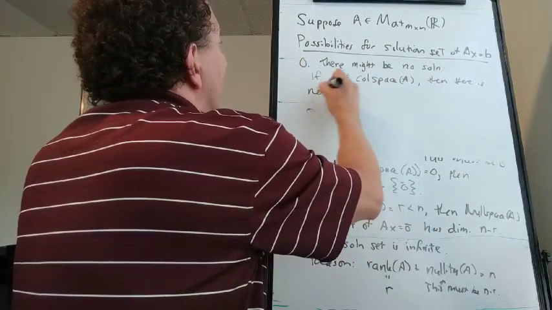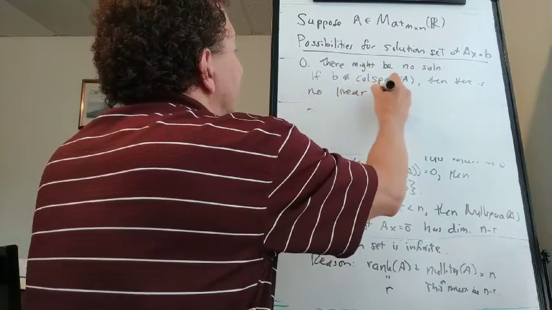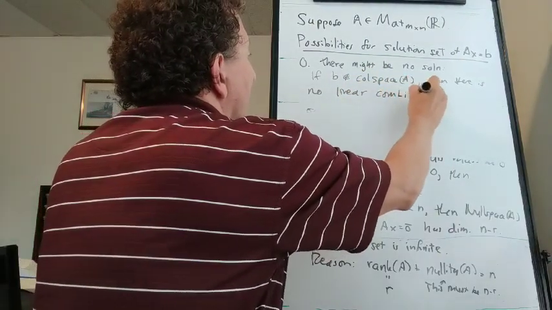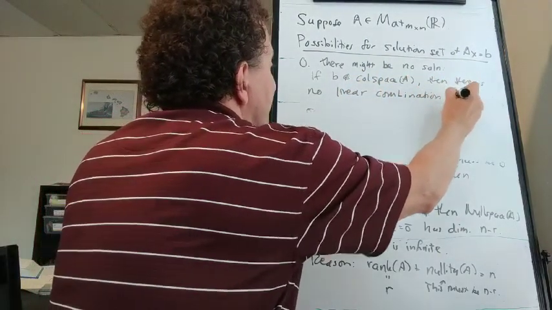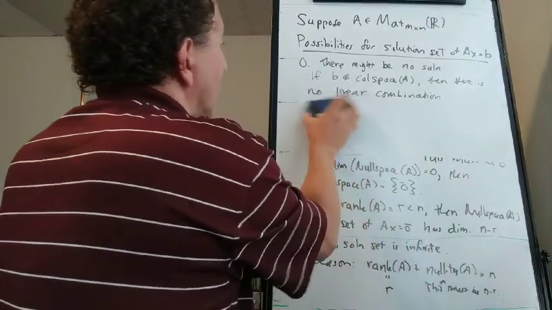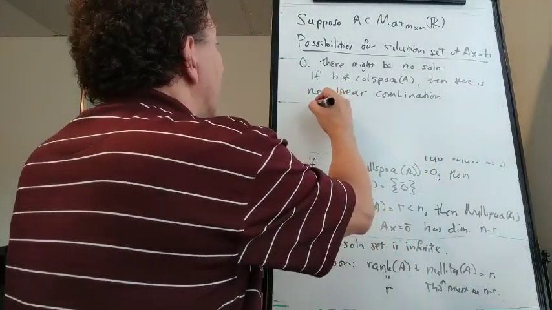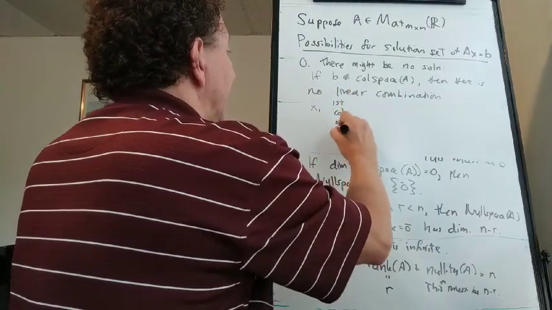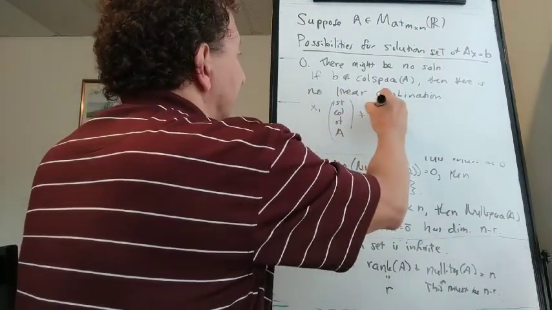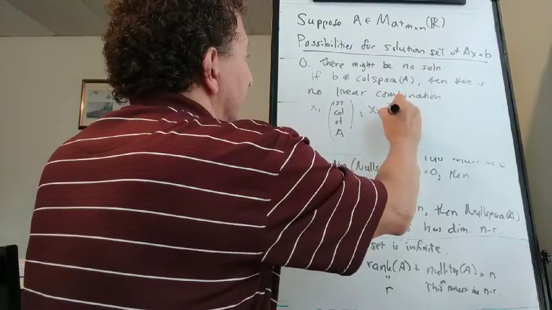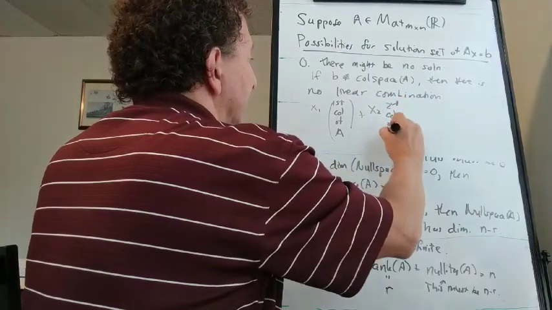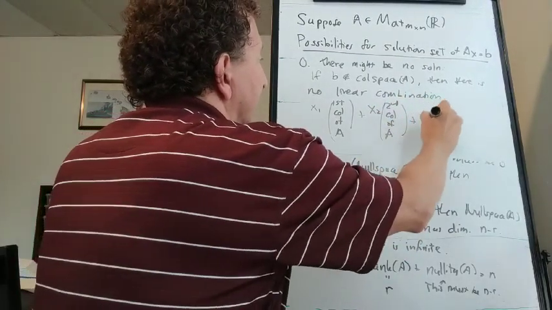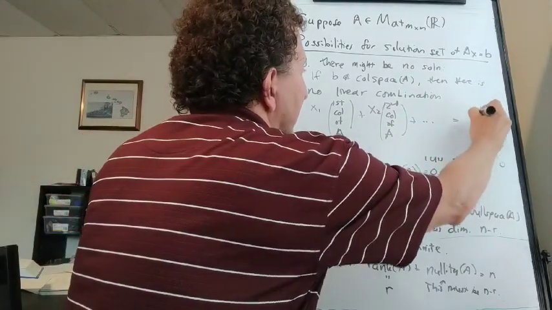So there's no linear combination x1 times first column of A plus x2 times second column of A, etc., which is equal to b.